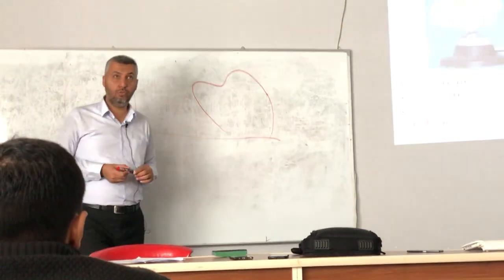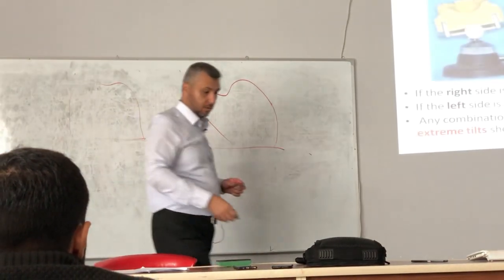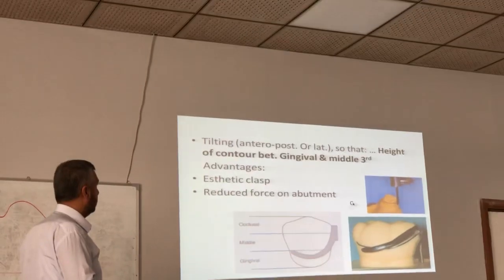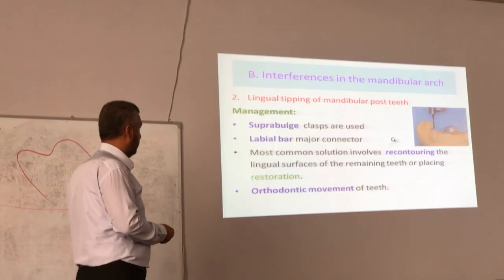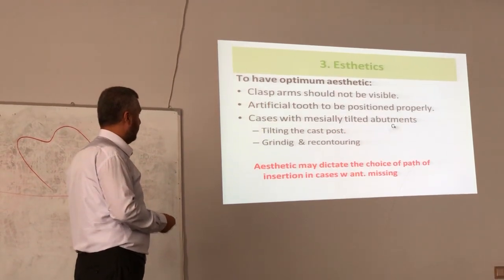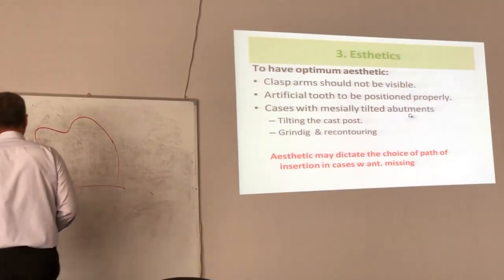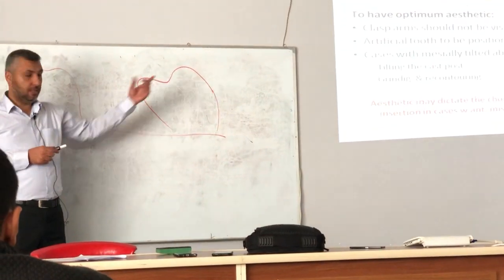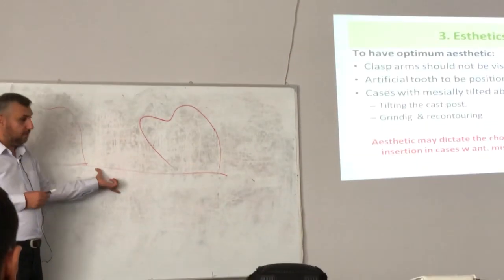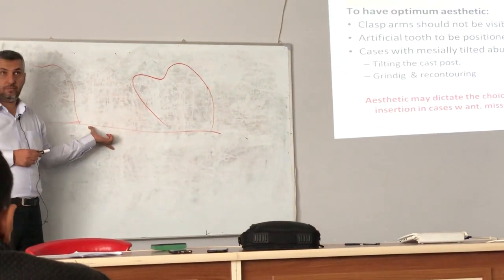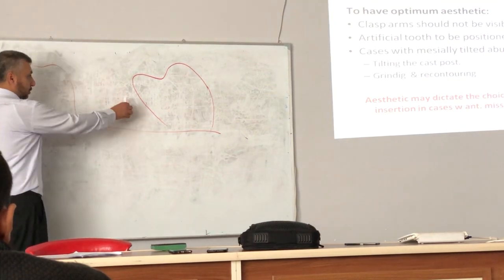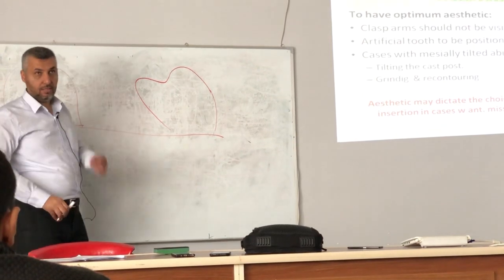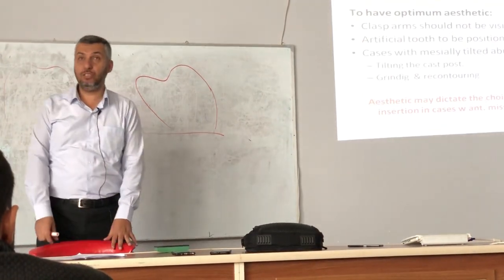In case of a tilted tooth, as you see in the previous slide, we have to tilt the cast. This tooth is like this. You have to tilt the cast until it is vertical, and then arrange the teeth.